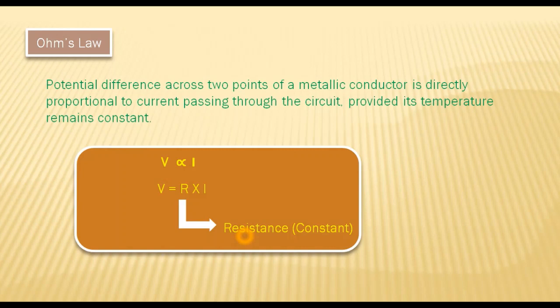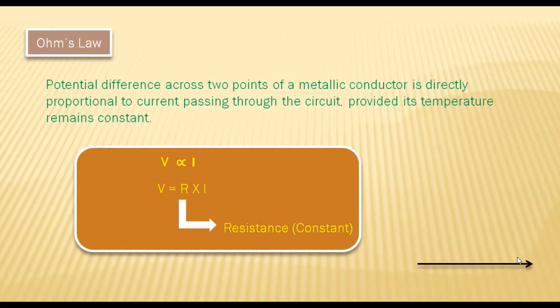Okay. Now as per Ohm's law, if we plot a graph between potential difference and current, what happens? Now see, potential difference and current are directly proportional. So whenever a graph is plotted between these two terms, that would be a straight line.